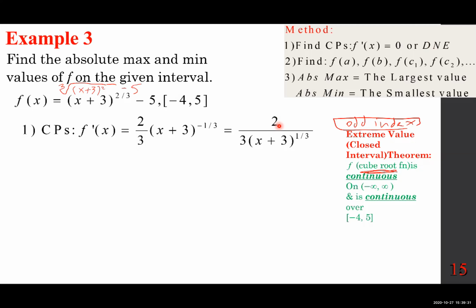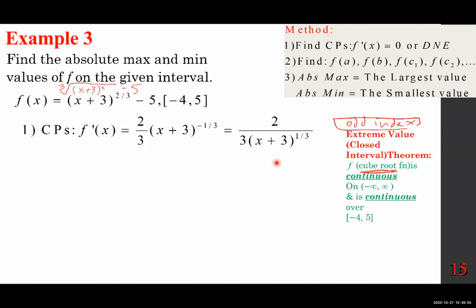It doesn't matter what number, 2 or 200 or 1/2, any number, positive, negative, who cares? The top is a number. F prime can never be 0. F prime doesn't exist. A fraction is undefined when the denominator is 0. So f prime equals 0 doesn't give us anything, but f prime doesn't exist gives us -3.